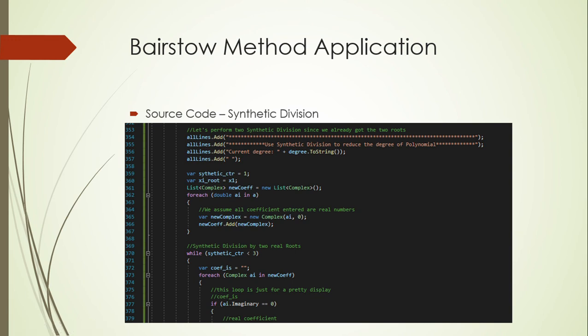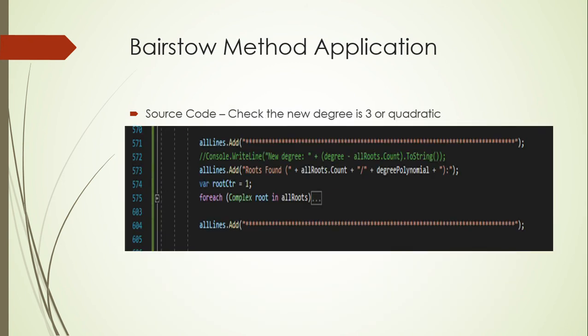We then proceed with synthetic division to reduce the degree of the polynomial using the roots that we just found. Once reduced, we check if the new degree is 2, or quadratic, so we can use the quadratic formula to compute the rest of the remaining roots.